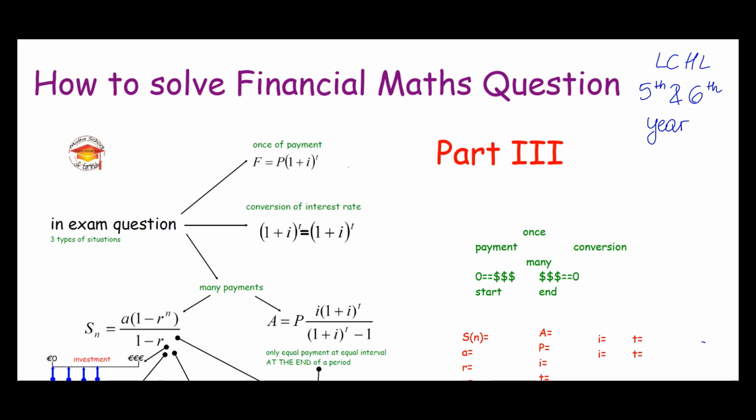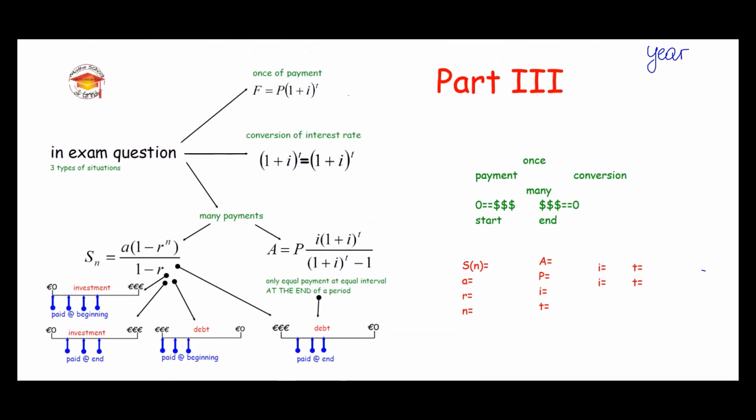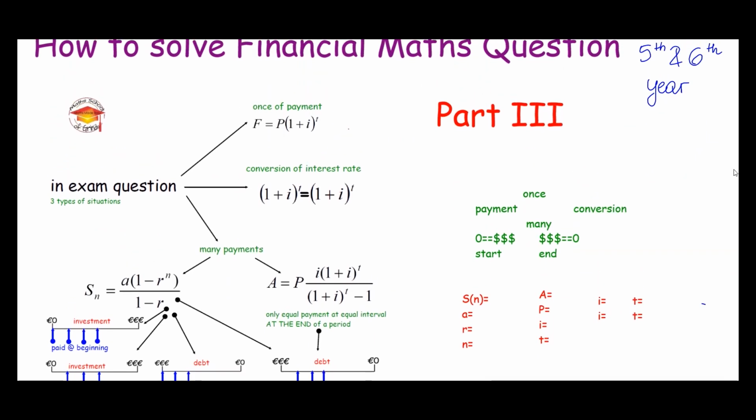So we are now at part 3 of how to solve financial maths questions. Again, quickly, just a recap. In our exam question, we have either a situation of a once-off payment, therefore the compound interest formula, or we are converting the yearly to a monthly rate or anything similar, or we are talking about many payments.